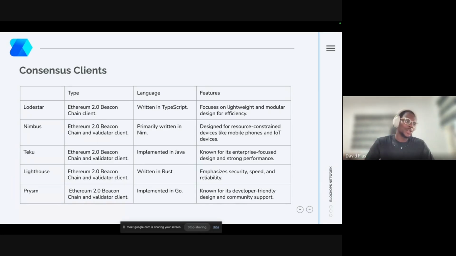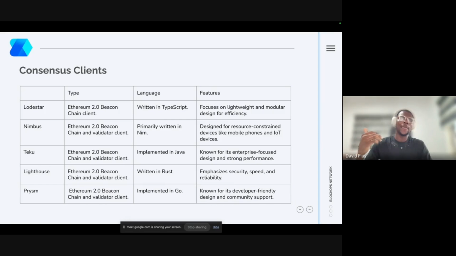And just to add, one of the reasons for having different varieties of nodes is because of bugs. Imagine right now, a lot of node operators use Geth, which was one of the first execution clients.